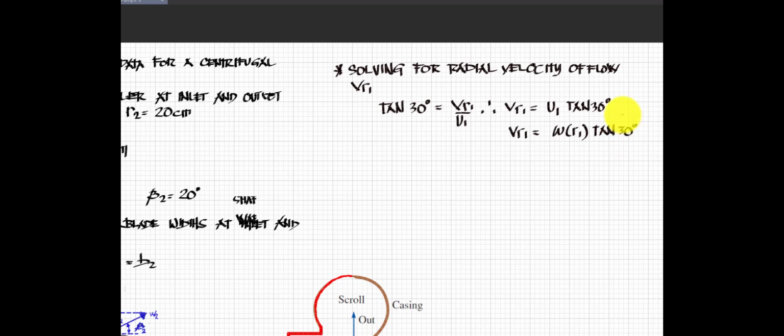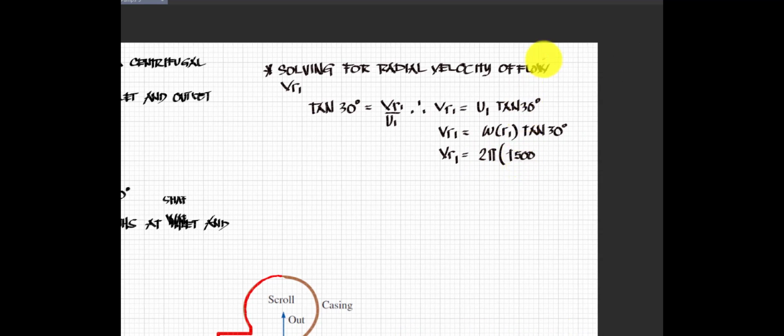So let's substitute the values here. We have now your fluid flow velocity at point 1. For the angular velocity, we have 2 pi multiplied by 1,500 revolutions per minute. I'm going to convert that into seconds, converting 1 minute to 60 seconds.